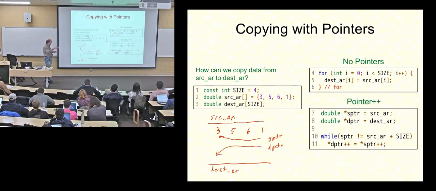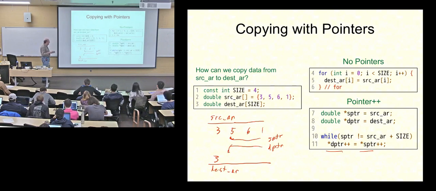All right, so that says copy the 3. So this statement says copy the 3 from the source to the destination, and then after you've finished the copying, increment both pointers, because it's a post-increment operation. The increment happens last. So then basically we move the pointers. So they don't point there anymore. Now they point to 5 and the empty element there.